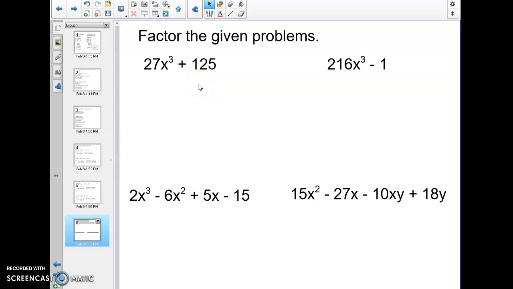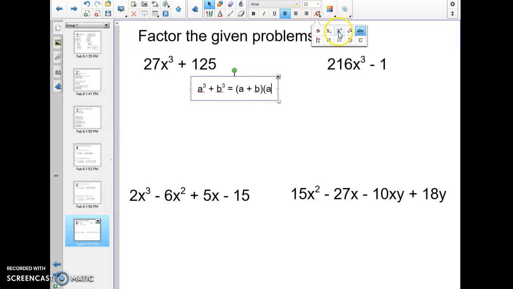So, as a quick refresher, we have a cubed plus b cubed, and that equals a plus b times a squared minus ab plus b squared. So this is what I'm working off of with this problem.